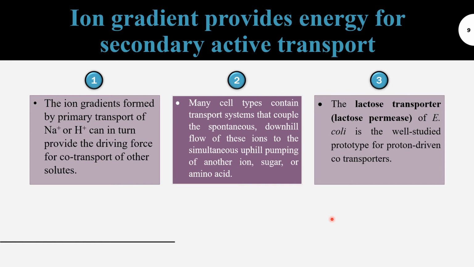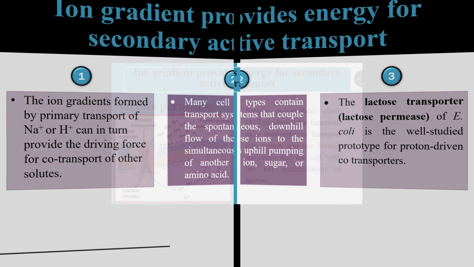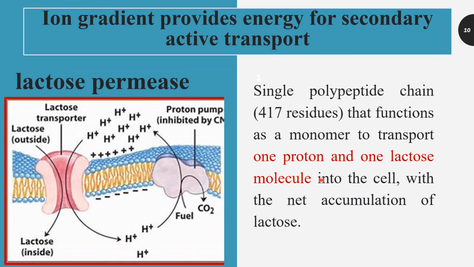Usually the molecule is very large, so it uses some chemical gradient, either a sodium ion gradient or a proton gradient, and that gradient can be used for the uptake of lactose by a co-transport system, which transports simultaneously.